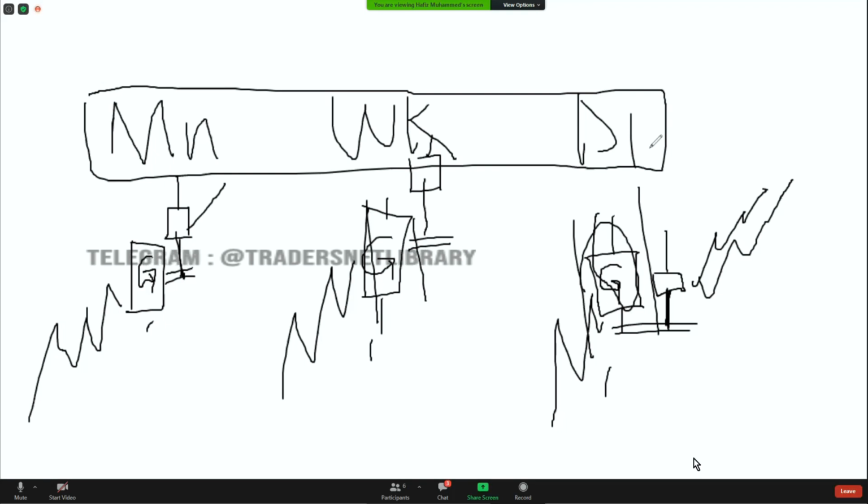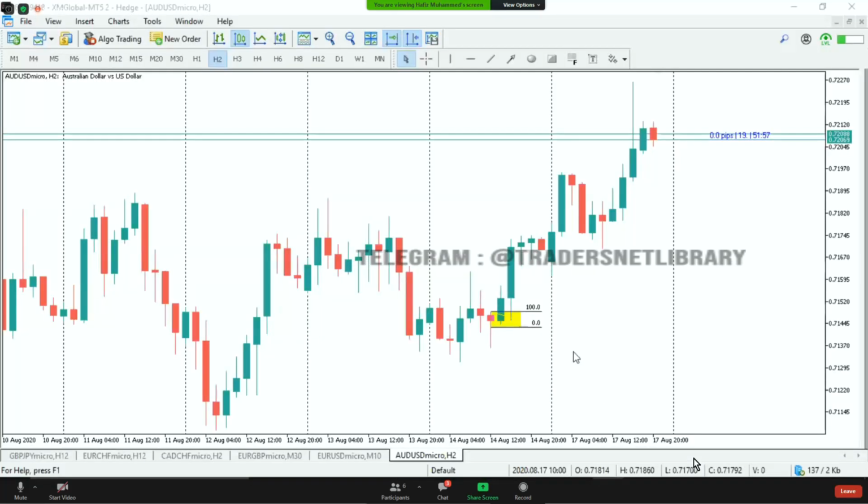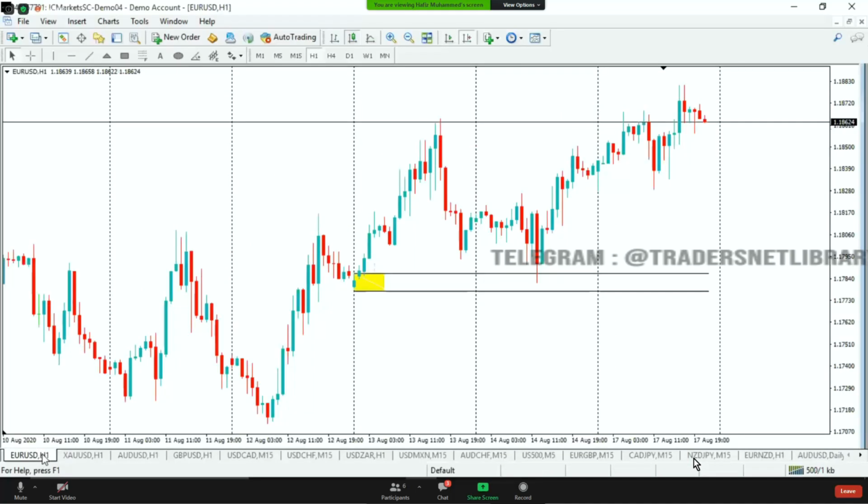Yes. So let's look for the same thing on the chart. I don't know which example to start with.